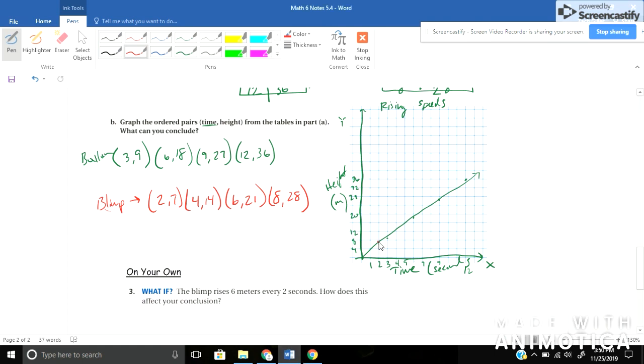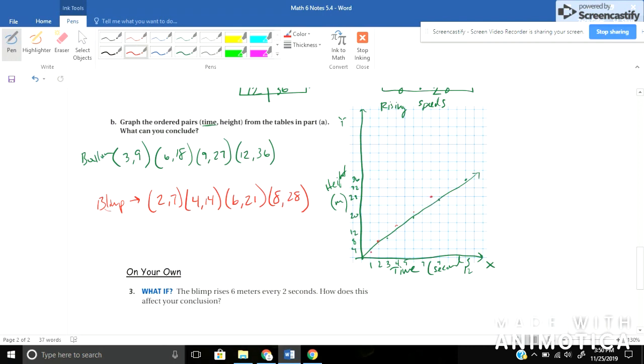So right around there, just shy of 8. 4, 14, over 4, up 14. 6, 21. So over 6, up 21. So just above 20 here. Please don't erase. And lastly, 8, 28, over 8, up 28.